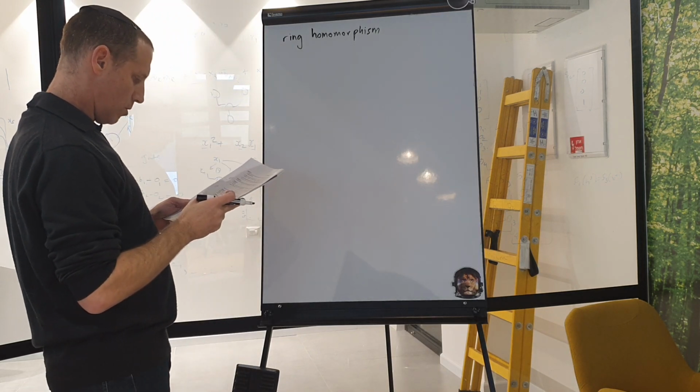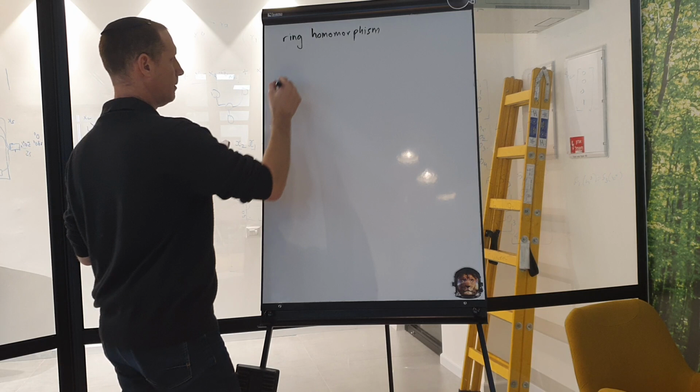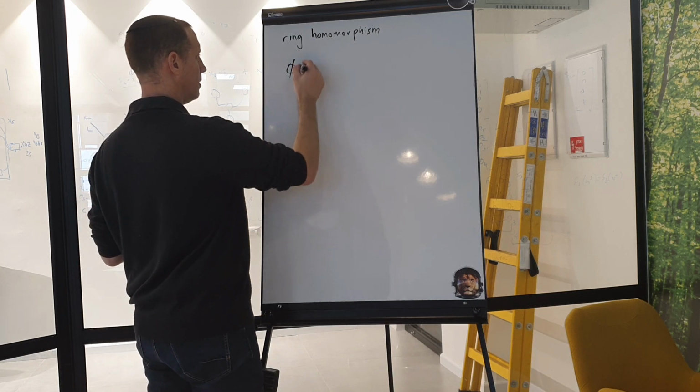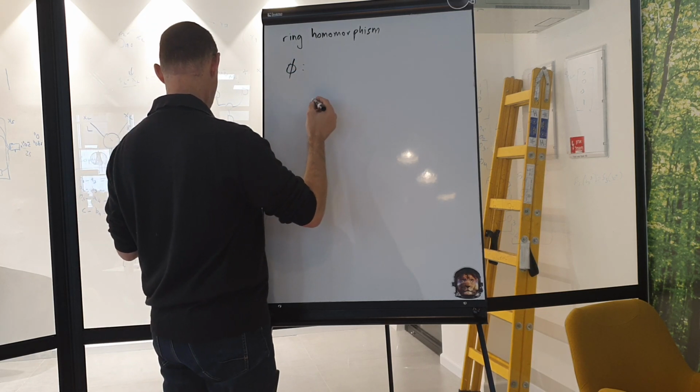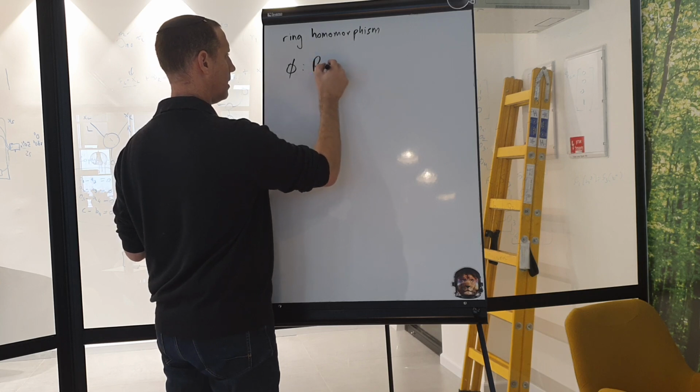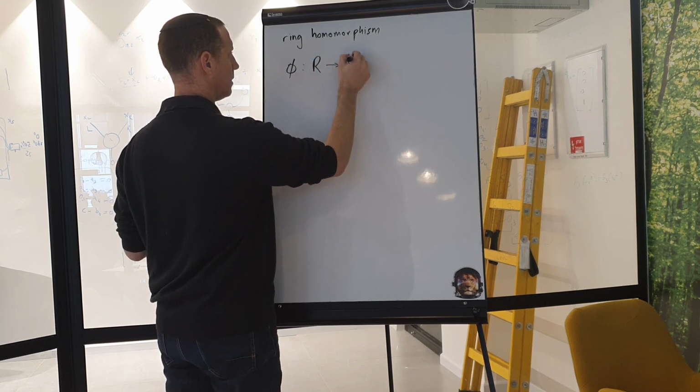So what's a ring homomorphism? It's a special mapping, and we're going to use R to S.